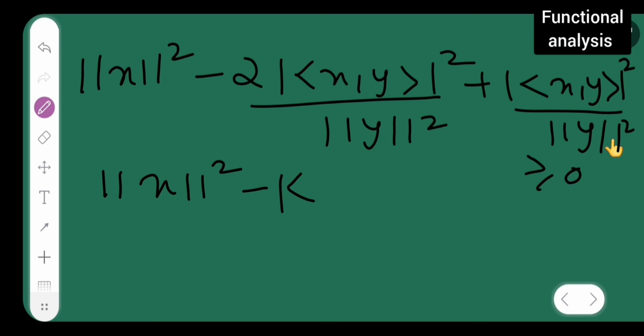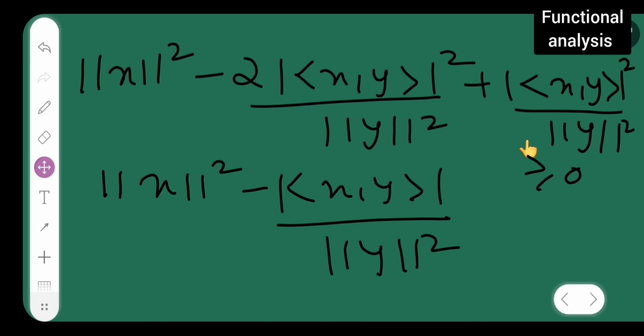See, if this is two times this thing, then minus this plus this, only one term will remain, that is modulus of inner product of x comma y the whole square upon norm of y the whole square. Now I will take it to this side.